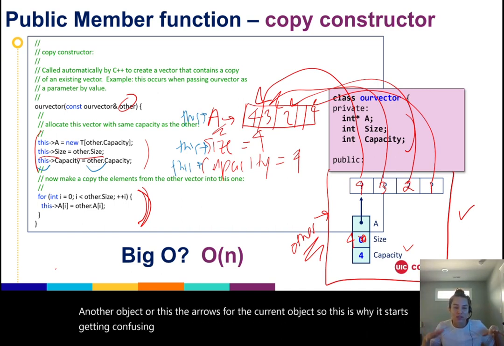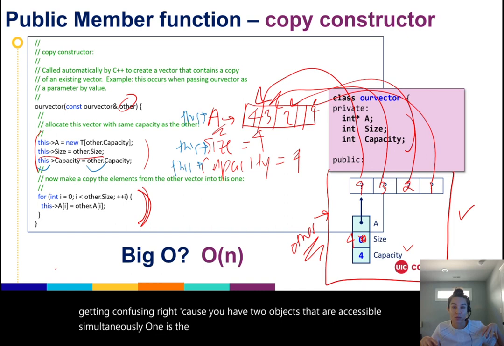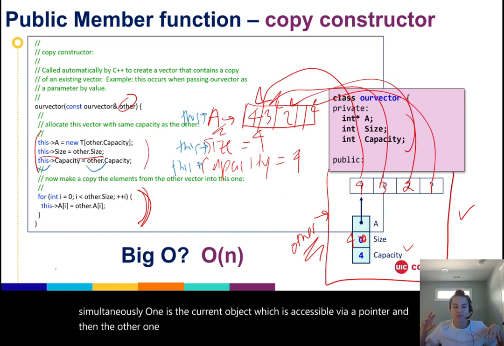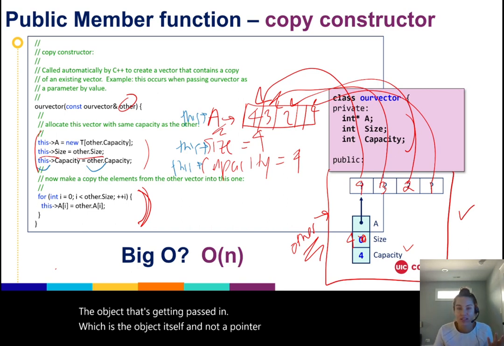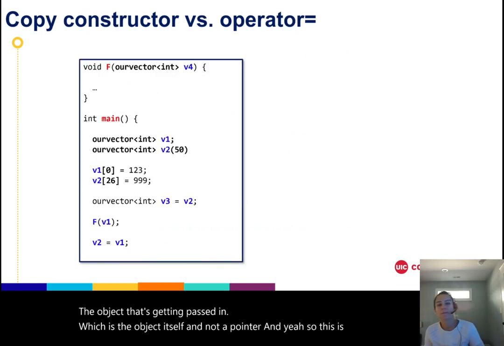Because you have 2 objects that are accessible simultaneously. One is the current object, which is accessible via a pointer, and the other one is the object that's getting passed in, which is the object itself and not a pointer. And yeah, so this is a copy constructor.